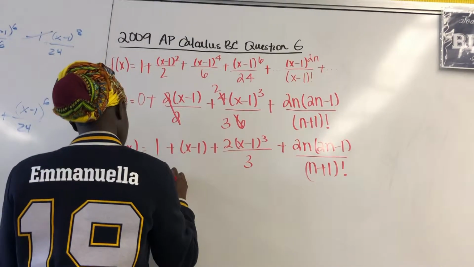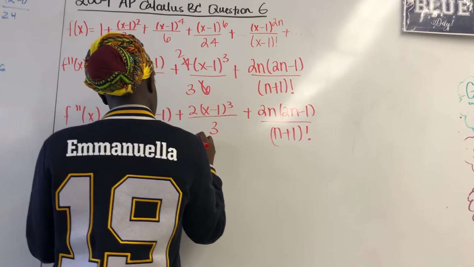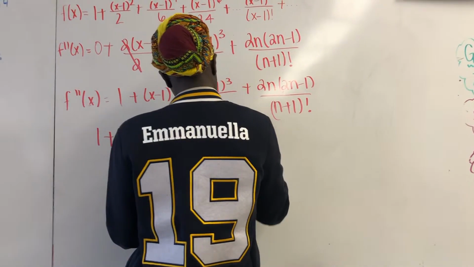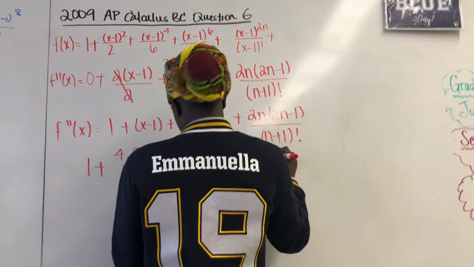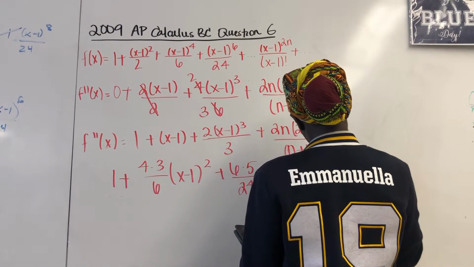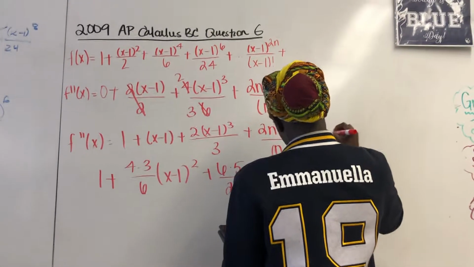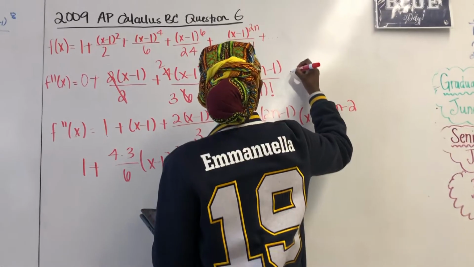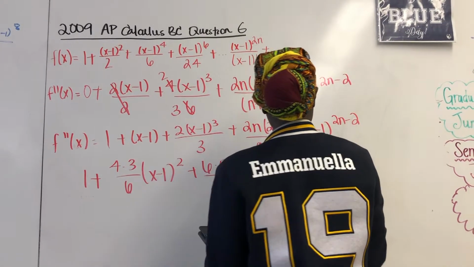Now your final answer would start looking like 1 plus 4 times 3 over 6 times (x minus 1) squared plus 6 times 5 over 24 times (x minus 1) to the fourth power plus, and so on, plus 2n times (2n minus 1) over (n plus 1) factorial times (x minus 1) to the 2n minus 2, plus.